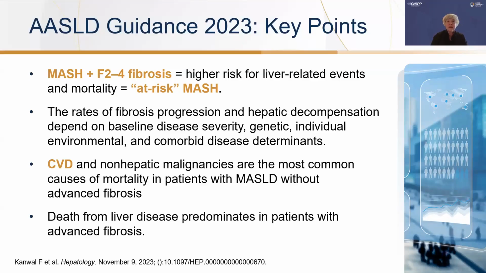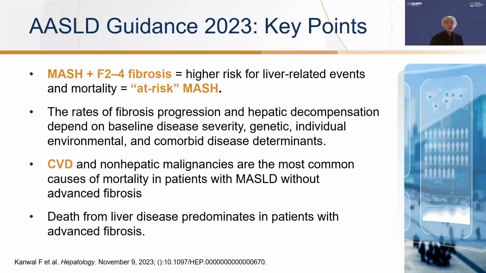So looking at the MASLD guidance from 2023, some of the key points, we've already discussed some of those. MASH plus F2 to F4 fibrosis carries a higher risk for liver-related events and mortality at risk MASH. Rates of fibrosis progression and hepatic decompensation really depend on baseline and also those comorbid disease determinants.